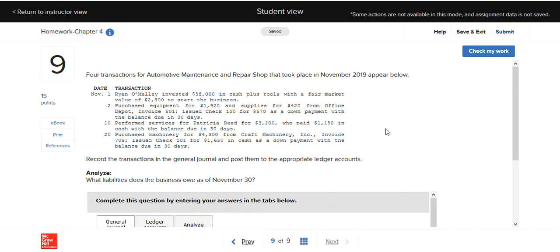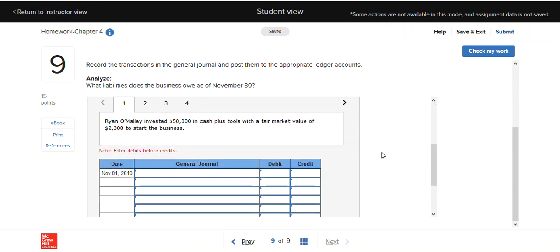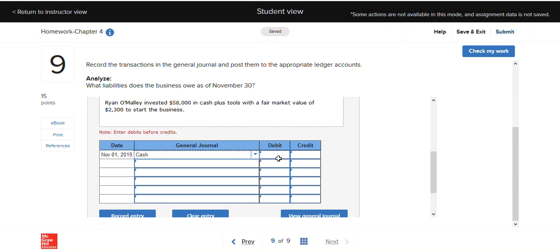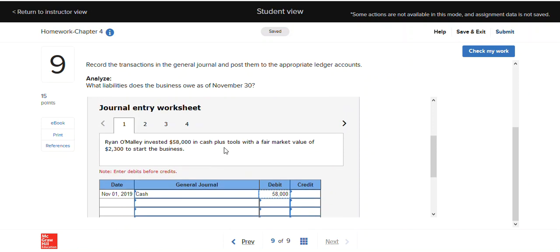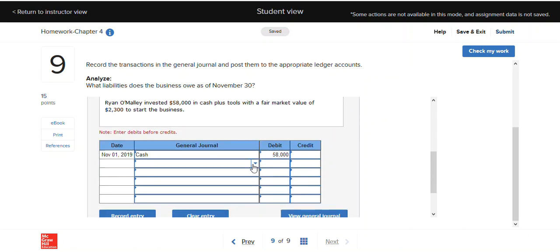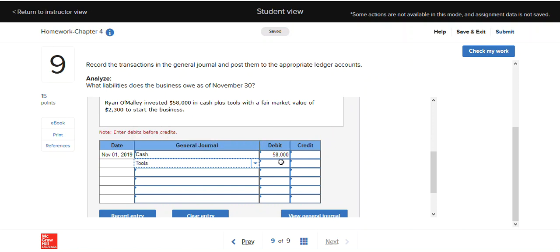Ryan O'Malley invested $58,000 in cash. That tells me cash is affected, and cash is going up. So we're going to debit it, because assets go up by debiting them. He put cash in the business, and he put tools in the business, so we're going to call that tools. The tools have a fair market value of $2,300.